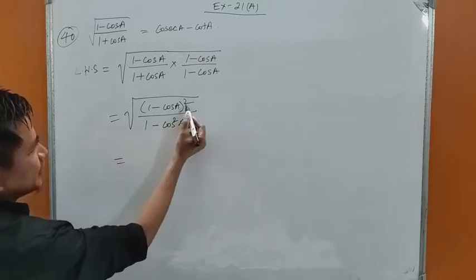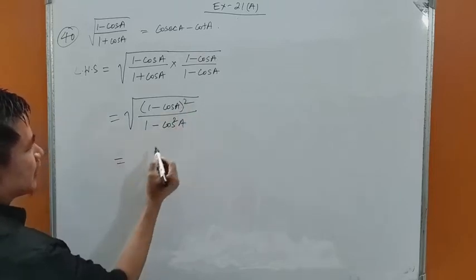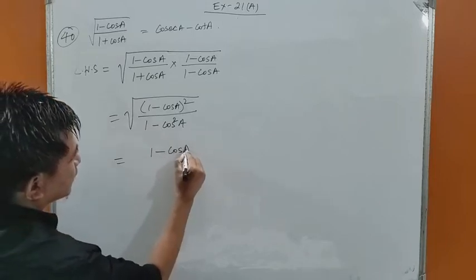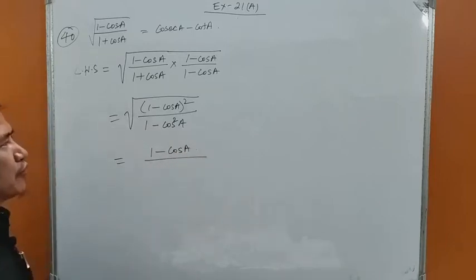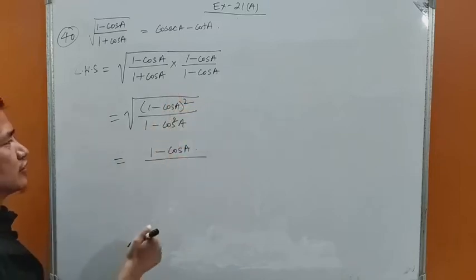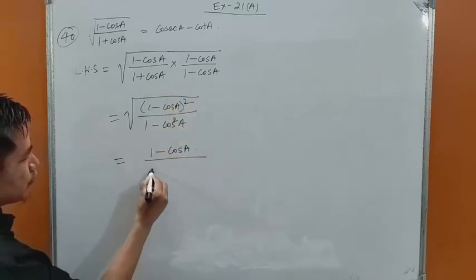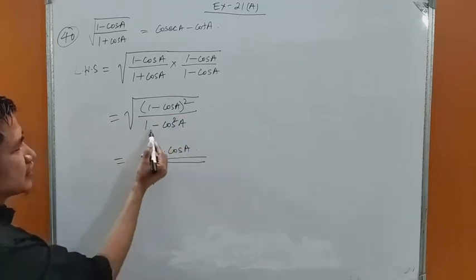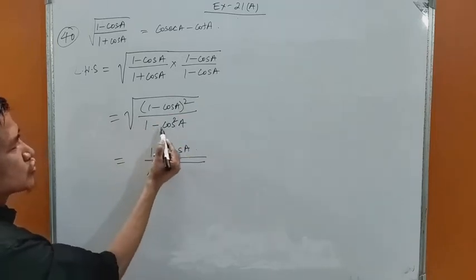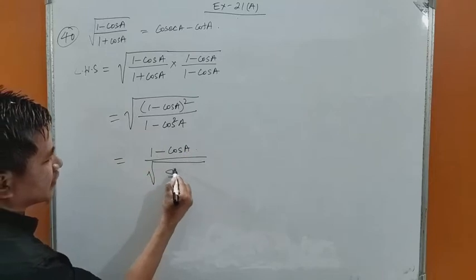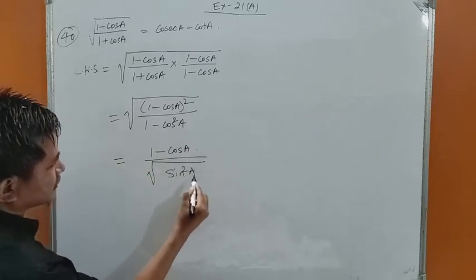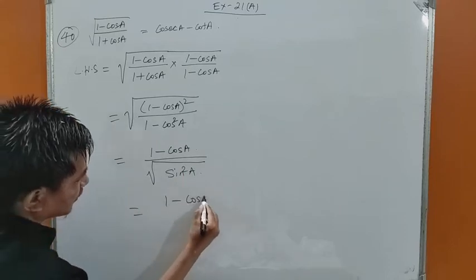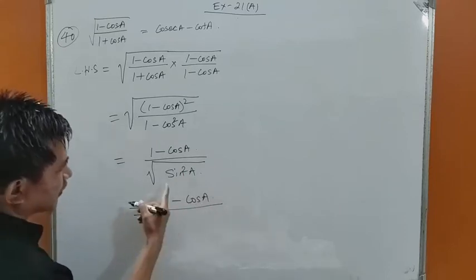So here we have a square and this root can be cancelled, so in the numerator we have 1 minus cos a. Now this 1 minus cos a is free from root, and this square and root is cancelled. Now in the denominator we have root because there is no square, so let's change this into sin square a form. 1 minus cos square a means sin square a. So in the numerator we have 1 minus cos a, and in the denominator we have sin square a.